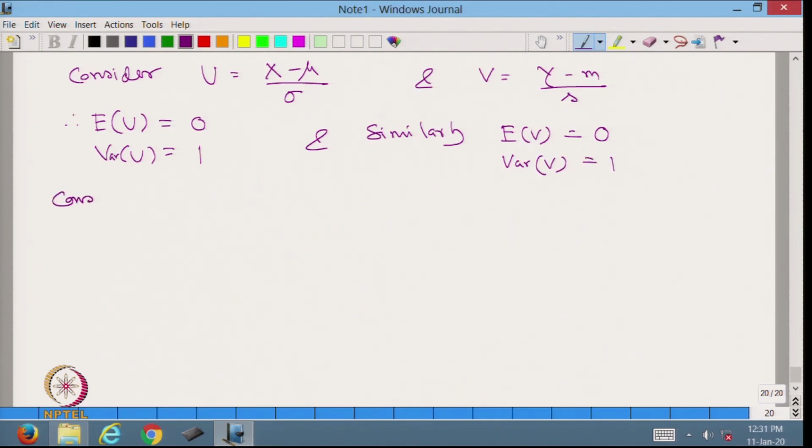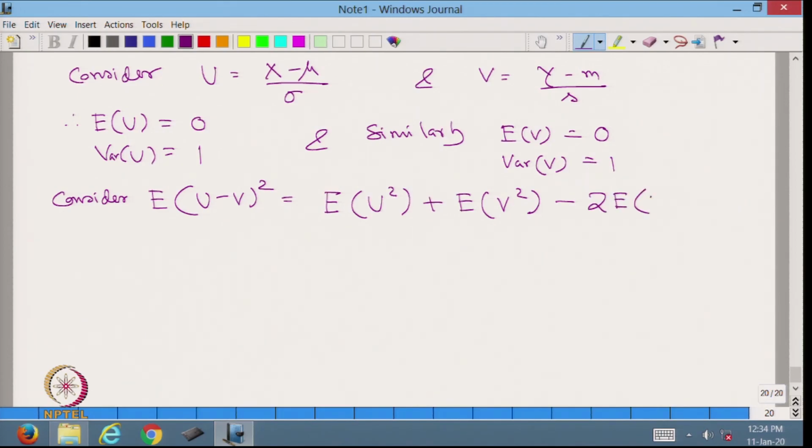Consider expected value of u minus v whole square. This is equal to expected value of u square plus expected value of v square minus 2 times expected value of u v, and since it is a positive quantity, this is going to be greater than or equal to 0.